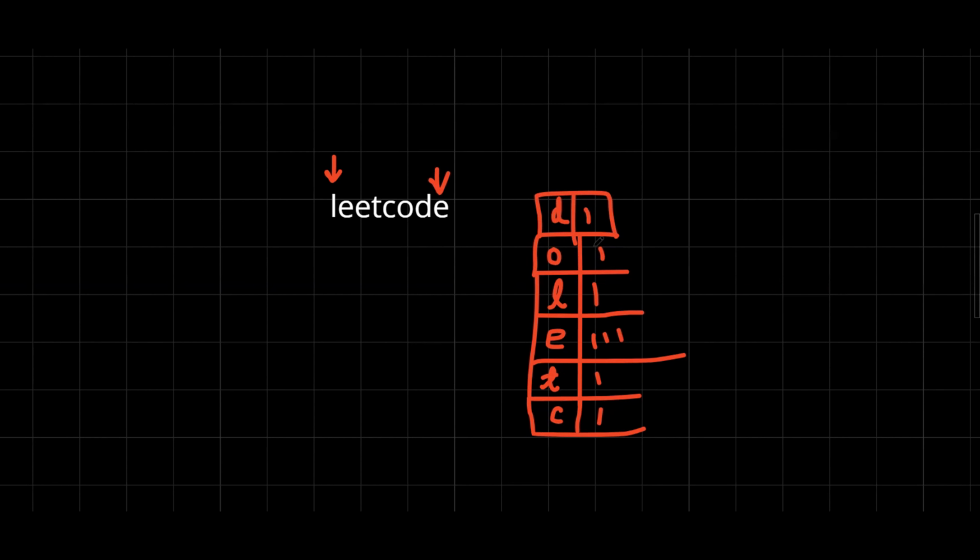So we can say that in this string LeetCode, D appears 1 time, O appears 1 time, L appears 1 time, E appears 3 times, T appears 1 time, and C appears 1 time. Now we have to determine the first non-repeating character.